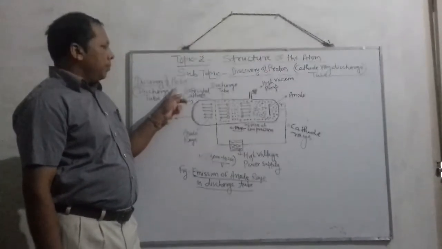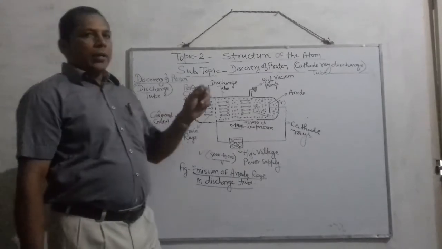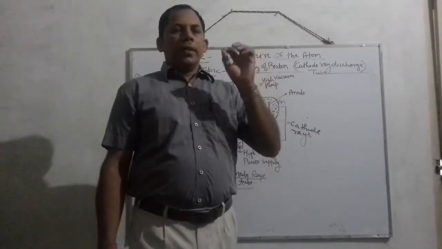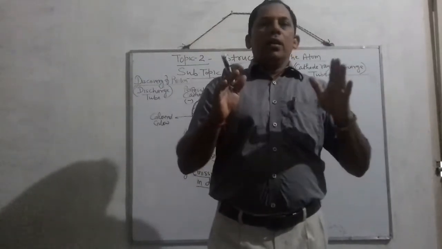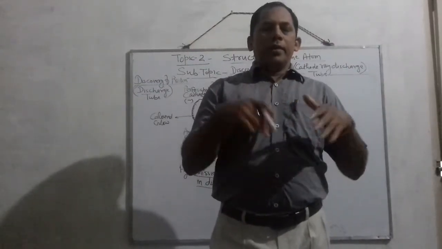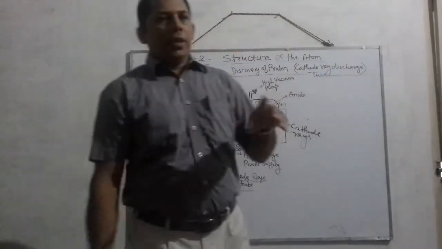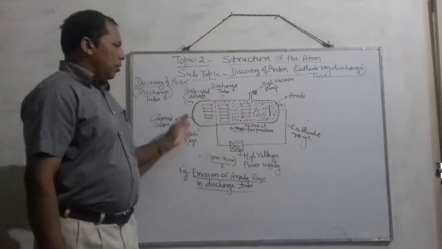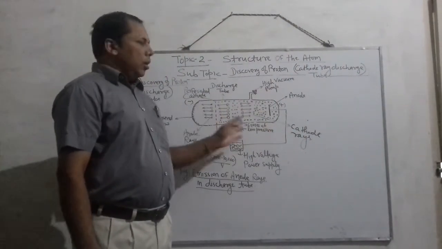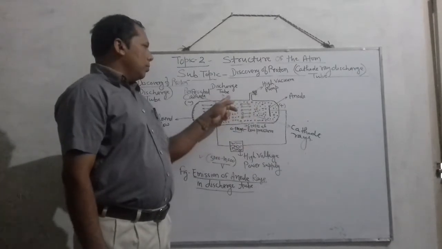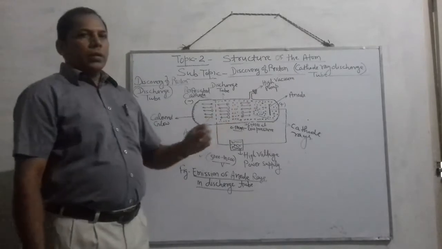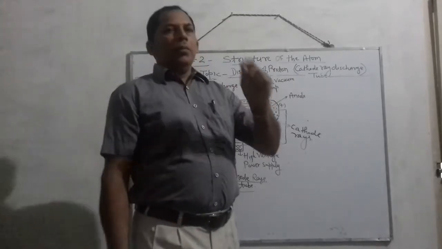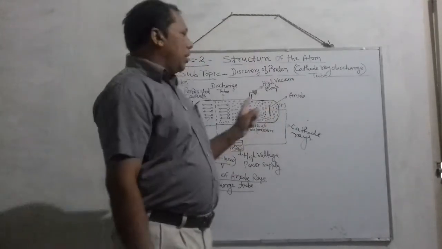So children, as in the case of discovery of electron, we had constructed a discharge tube or cathode ray tube, in the same way here we also use a discharge tube, or cathode ray discharge tube, but a little modification is made here.